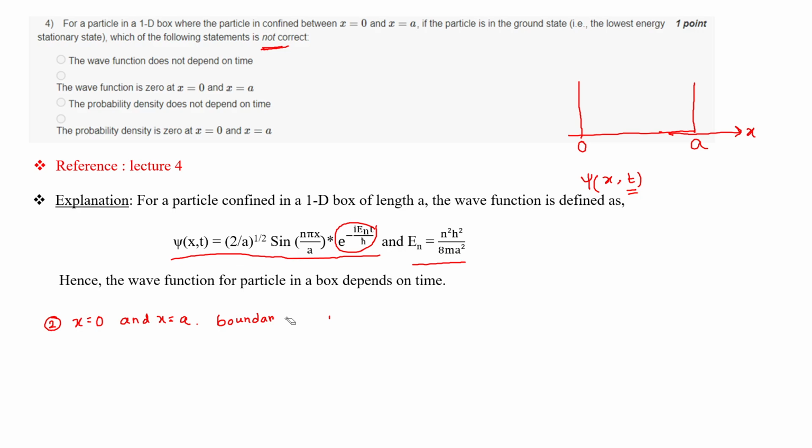This will give me c square into e to the power plus i E n t by h cross into e to the power minus i E n t by h cross. So e to the power a into e to the power b is written as e to the power a plus b. Everyone understands that.